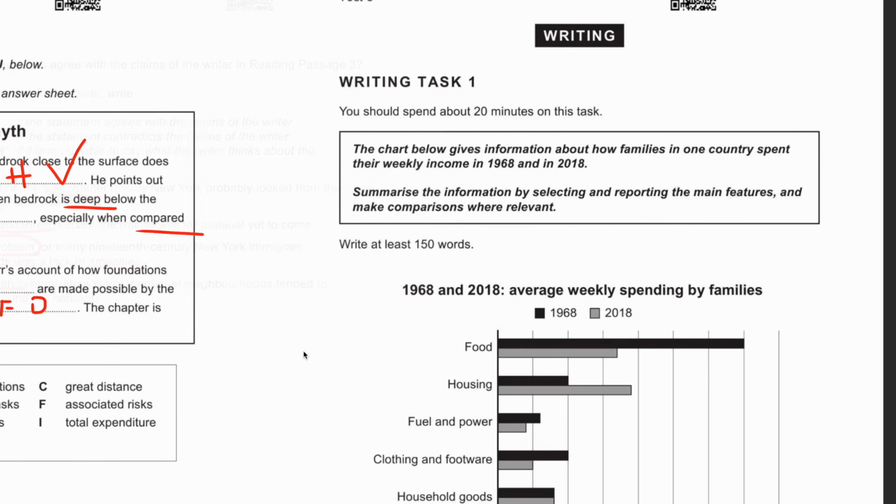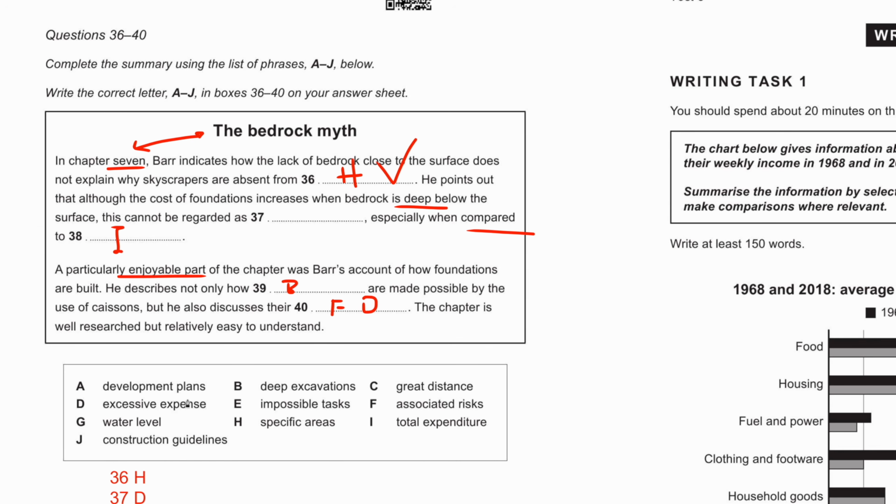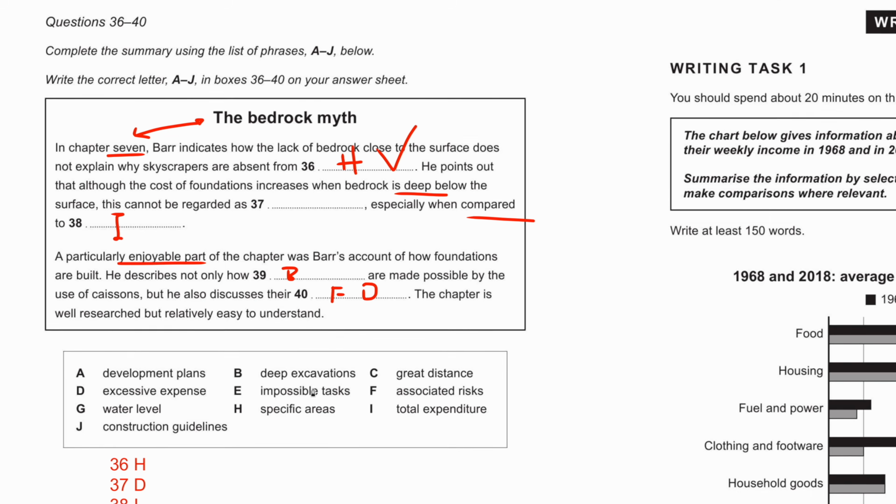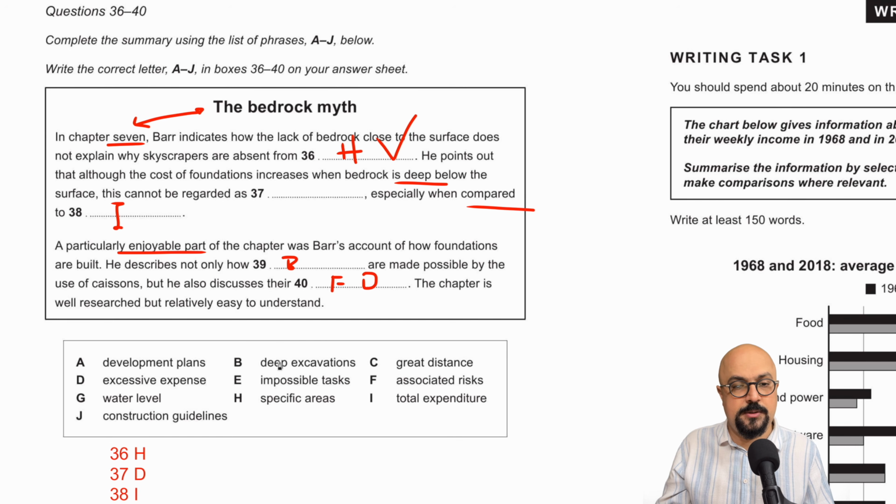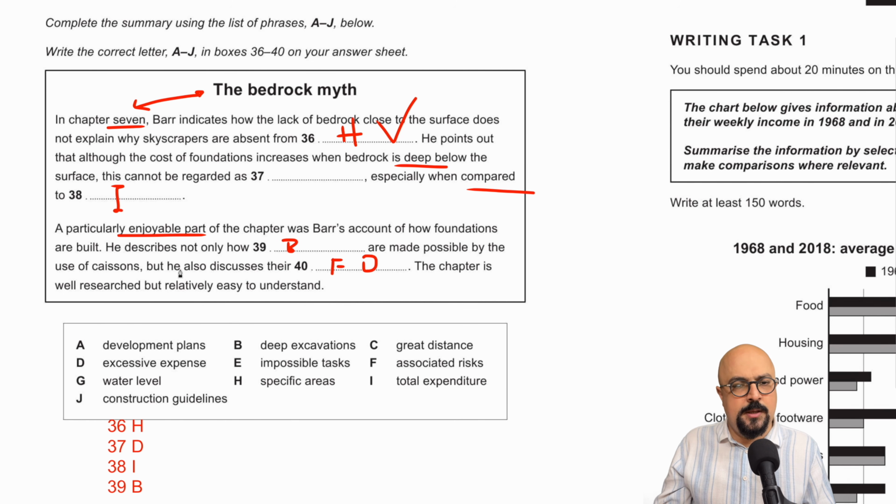Okay, they could dig down. Digging is the same as excavations? Deep, so dig down. So this is correct. So 39 would be B.